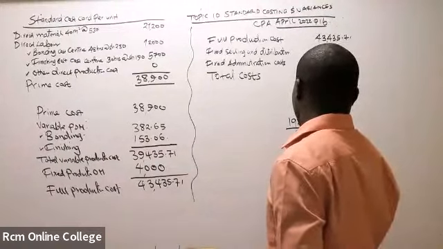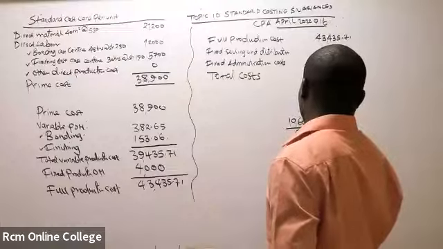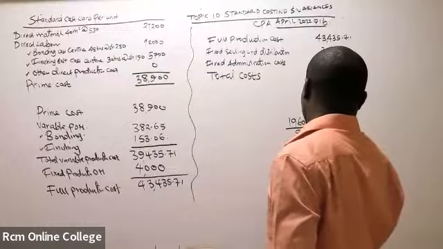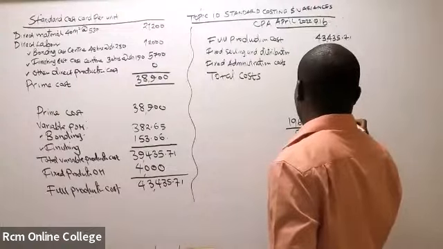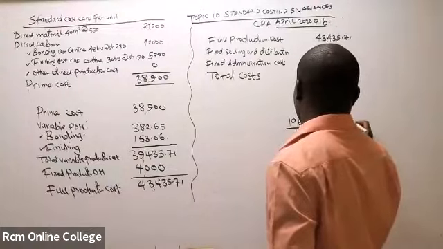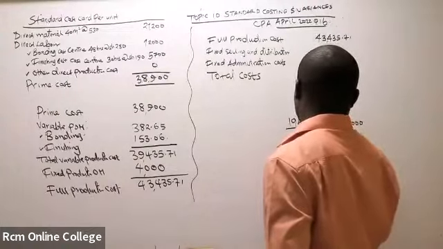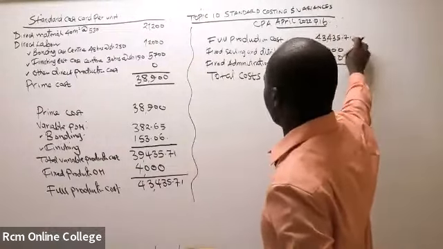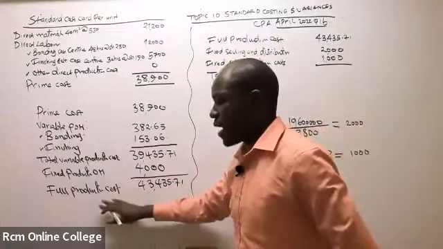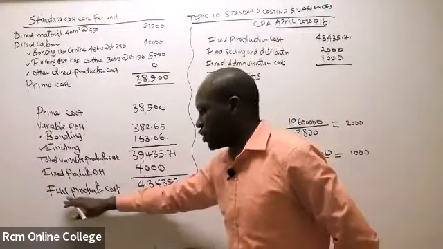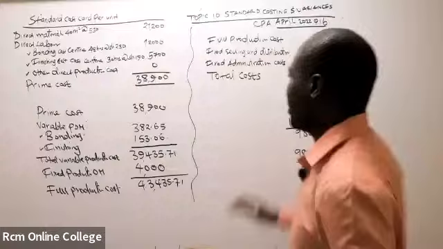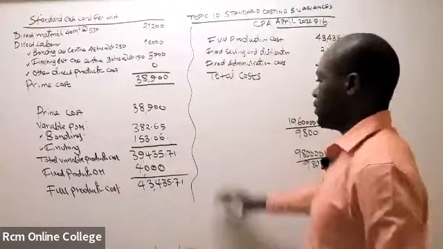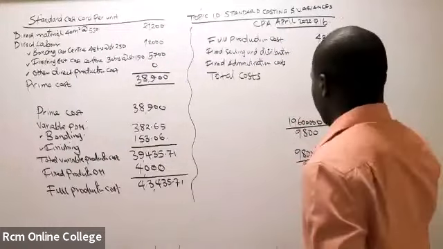Then 9,800,000. We divide by 9,800. Hapa nimeambiwa inaleta 2,000. Hapa nimeambiwa inaleta 1,000. That's what I've added. This 43, whatever, is the continuation of this part. I was not able to put all of them there because I want to extend some things down here. Good. Are we together?